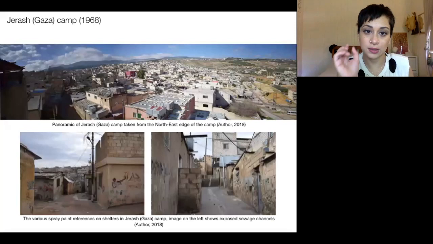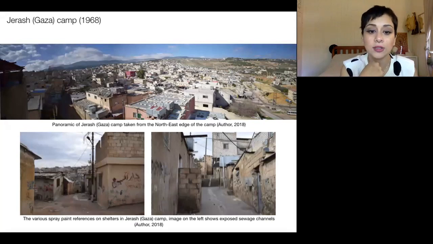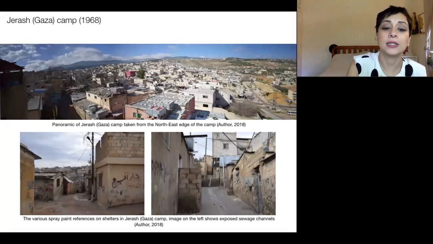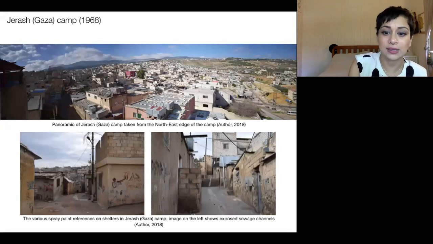Jarash camp is north next to the famous Roman ruins in Jarash, and it's in a rural area, lots of farms around it. It was built in 1968, and it hosts around 30,000 Palestinian refugees of the Six-Day War.